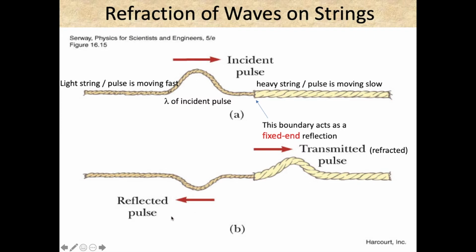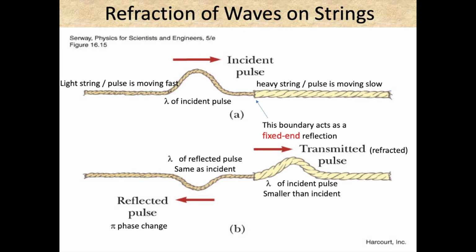Fixed end reflection means that the wave, when it's reflected, goes through a pi phase change. Its wavelength will be the same as incident because it's in the same medium, but it will be inverted, going through a pi phase change. The wavelength of the refracted pulse is smaller than the incident.